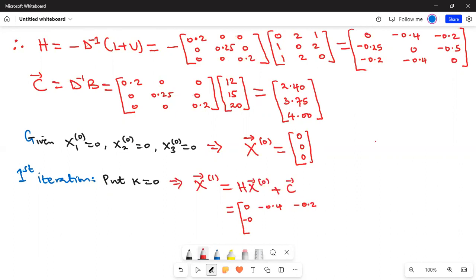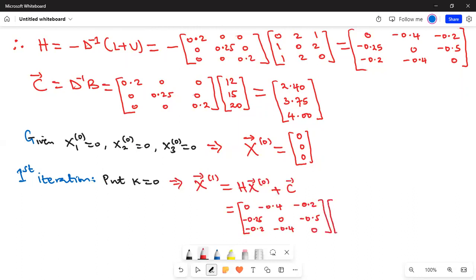Here we have negative 0.25, 0, negative 0.5, negative 0.2, negative 0.4, 0.